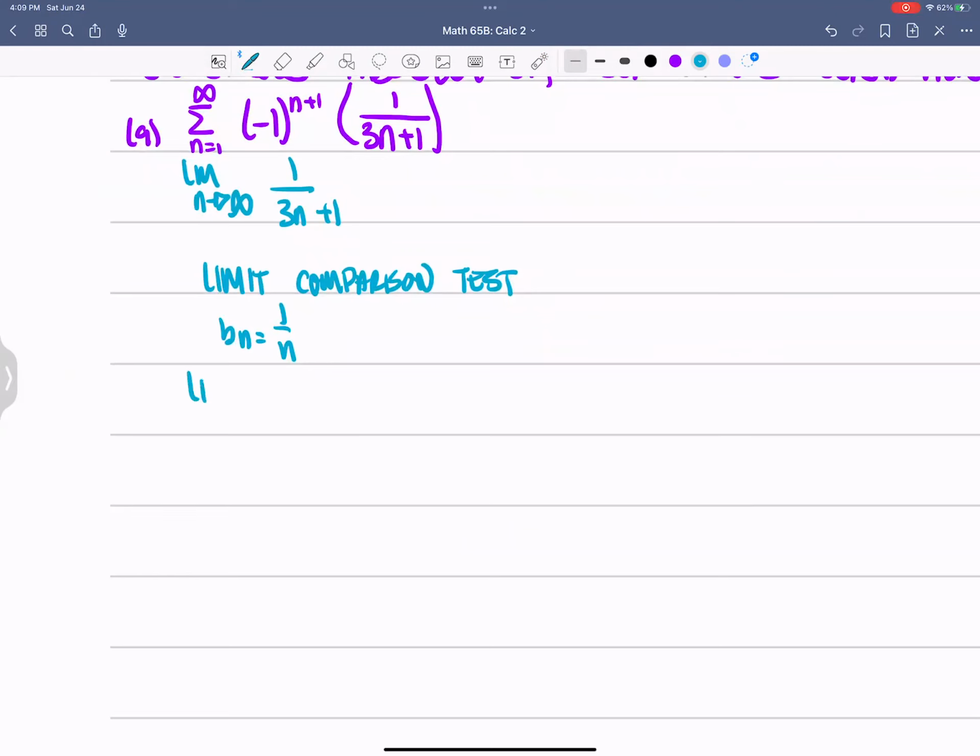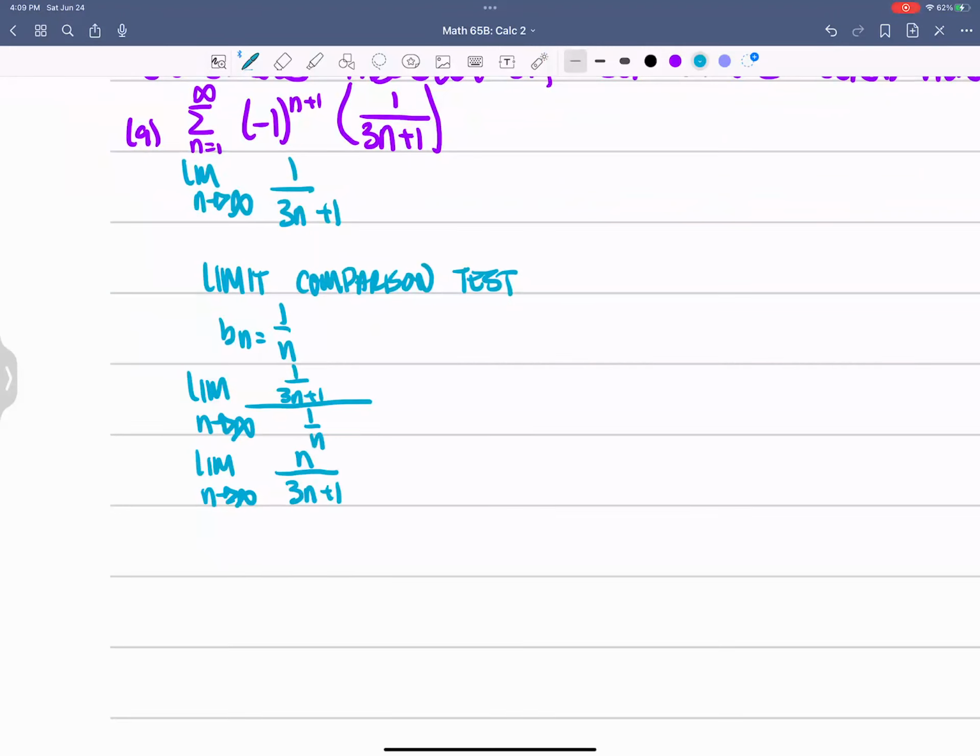Then we take the limit as n approaches infinity of 1 over 3n plus 1, over 1 over n. If we multiply both top and bottom by n, we end up with the limit of n over 3n plus 1.